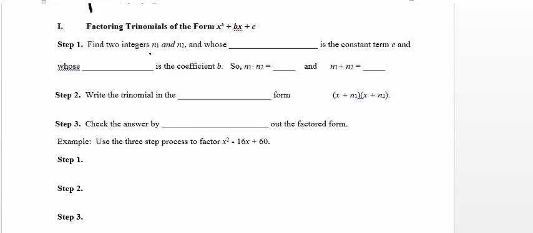So let's look at our process for factoring x squared plus bx plus c. We want to find two integers n1 and n2 whose product is the term c and whose sum is the coefficient b. So n1 times n2 is c, and n1 plus n2 equals b.